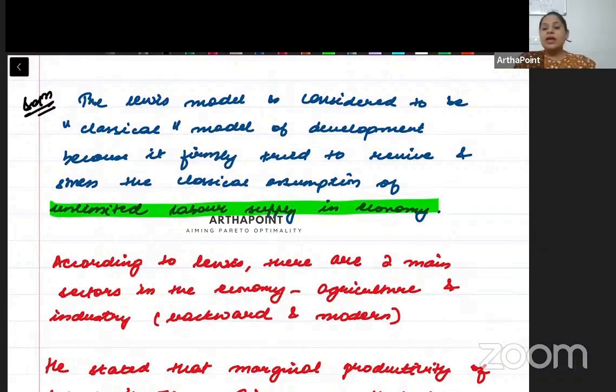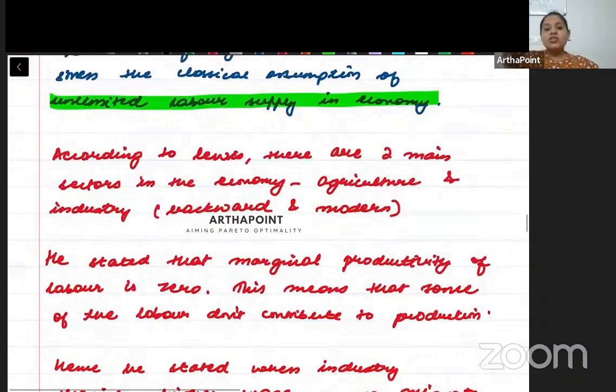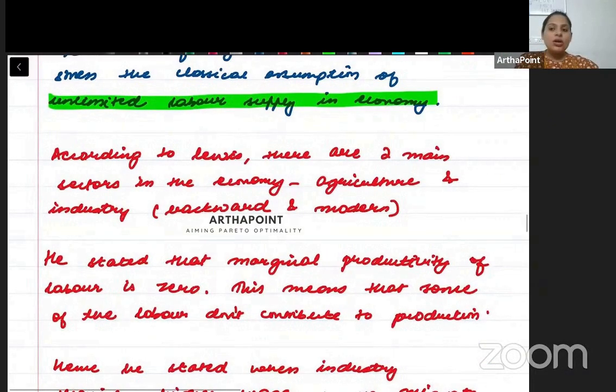Now, he said that the agricultural sector always has a surplus of labor. The labor available in agriculture is always much more than what is needed. In fact, this is the phenomenon called disguised unemployment, right? So he called the agricultural sector the labor surplus economy.